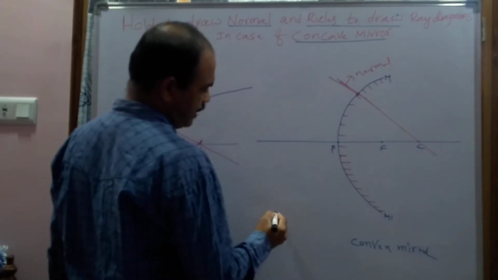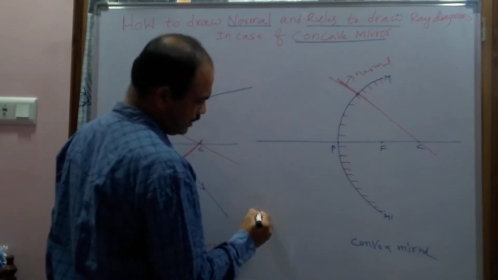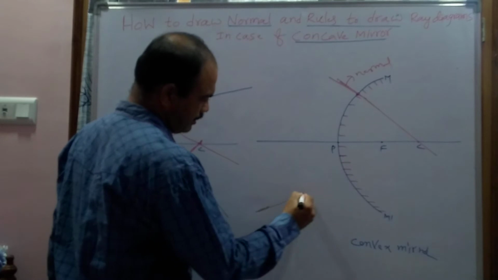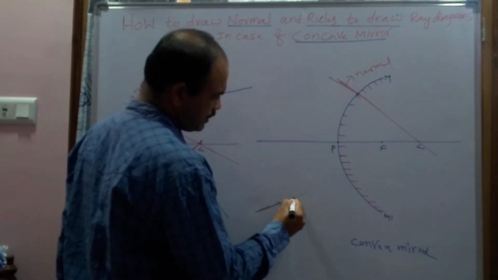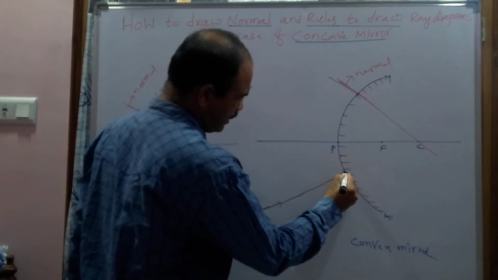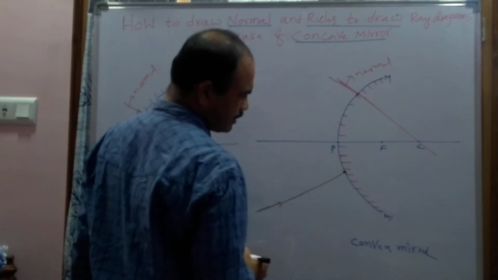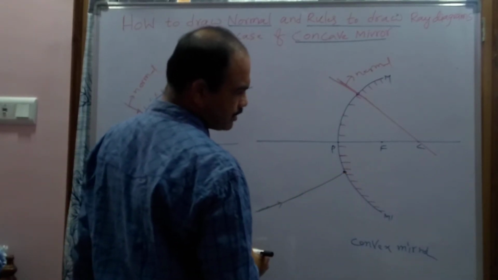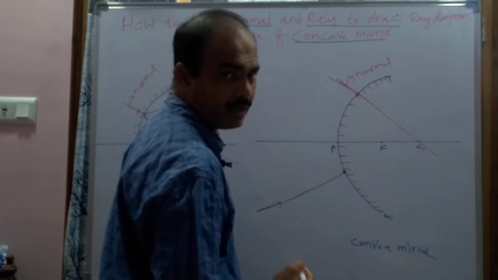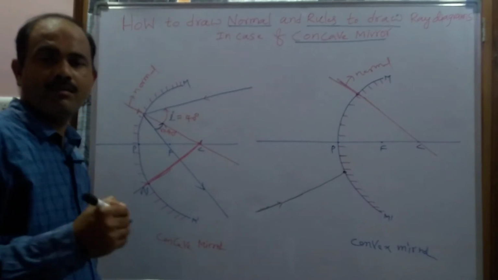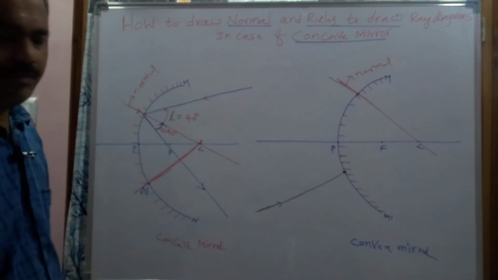Next, for example, let us consider this is a light ray coming in this direction. It is coming from a source or object, and it is incident on the convex mirror at this point. Now this point is called what? Point of incidence. Now how can I draw the normal for this point of incidence, and how can I find the angle of incidence and angle of reflection?